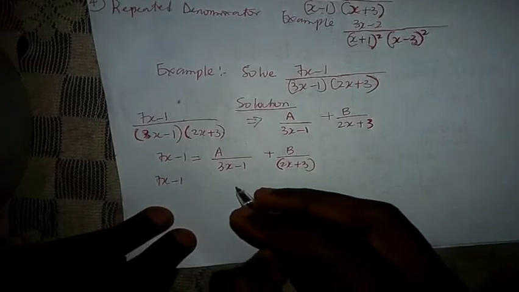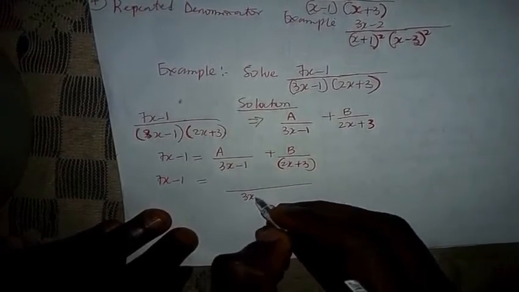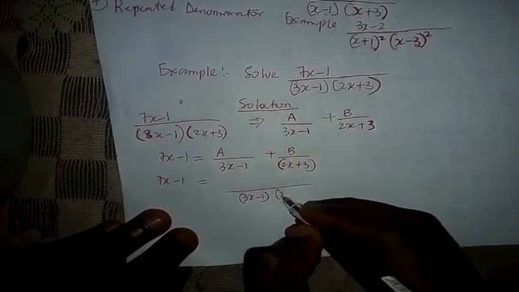The LCM will be the same: 3x minus 1 and 2x plus 3.